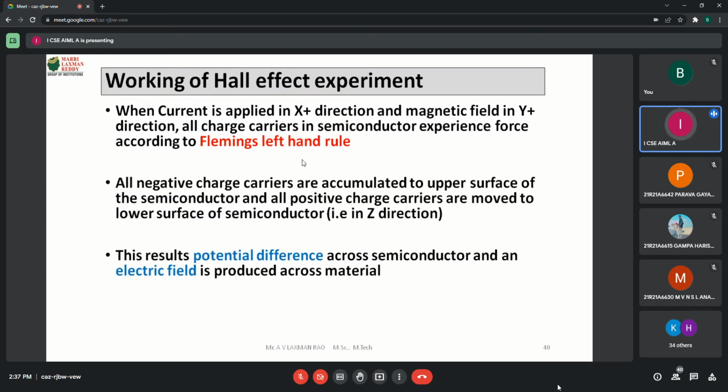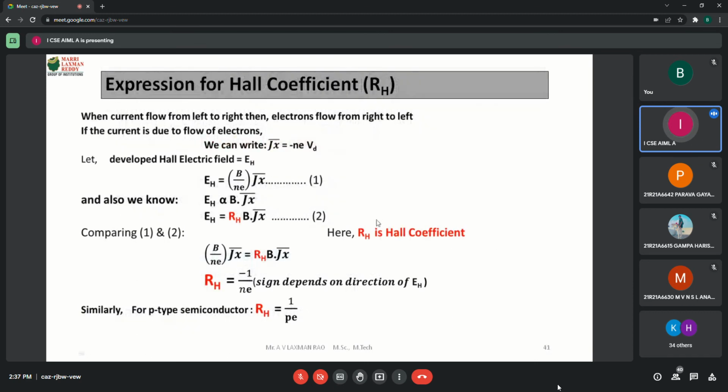Due to that, one type of charge carriers accumulates on one surface of the semiconductor, and the other type of charge carriers accumulates on the other side of the semiconducting material, top and bottom. Based on the direction of the produced electric field, we say it is N-type or P-type, based on the sign of EH, which depends on RH.